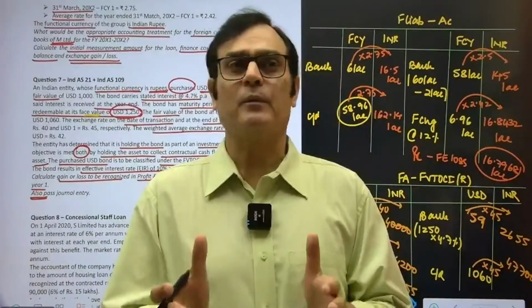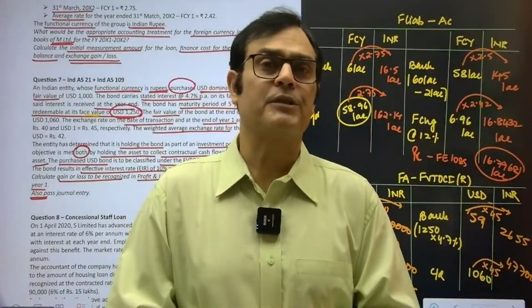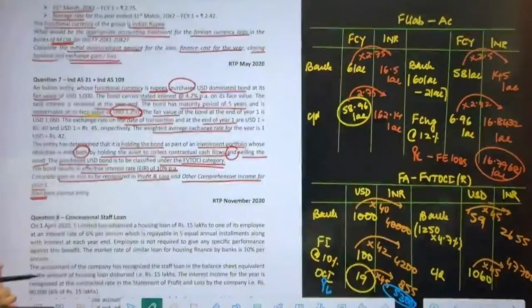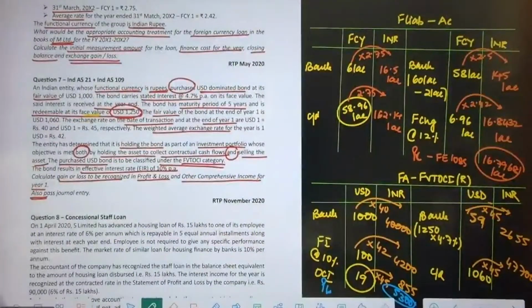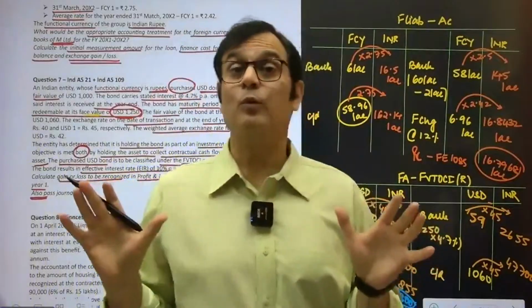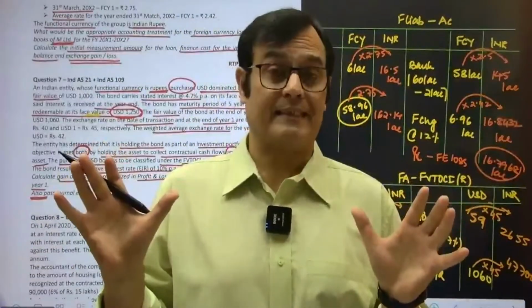And as per Ind AS 21, when monetary items are restated, the gain or loss all enters the profit and loss itself. So I think that takes care of the aspect of financial assets accounting very clearly. I hope everybody is now very comfortable in terms of accounting for financial assets.